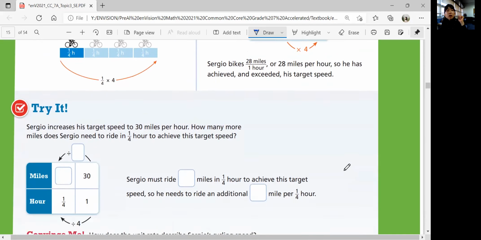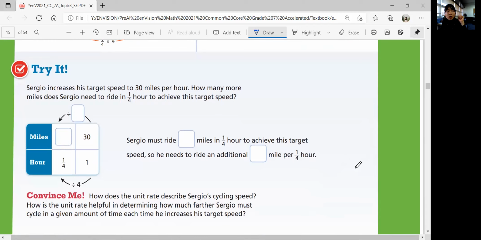All right, let's look at this try question. Sergio increases his target speed to 30 miles per hour. How many more miles does Sergio need to ride in 1/4 hour to achieve this target speed? So 1/4 hour, we just talked about it, that's 15 minutes, right? So in order to get a 1/4 hour, you need to divide an hour by 4.